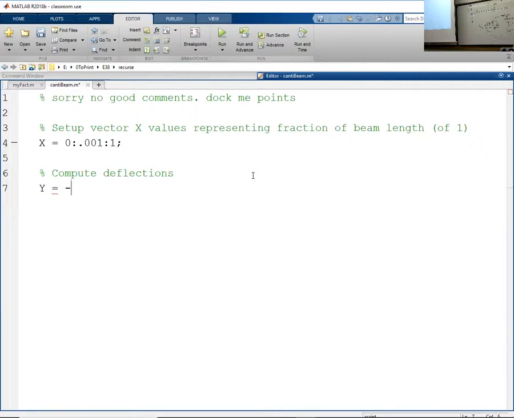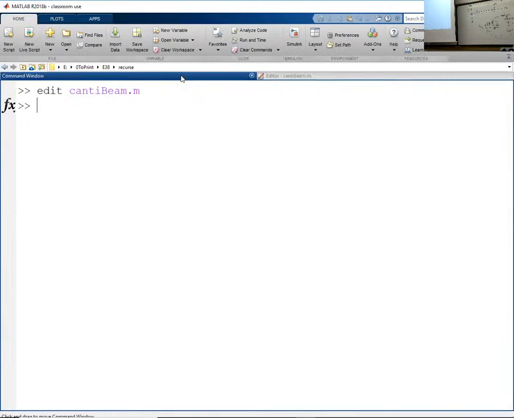Got a negative, okay. Now we're on a roll. Parentheses. And then we can do x dot caret. Do I need the dot? It's a vector, right? Can I square vectors? You do the dot if you want to do it individually for each element in the vector.